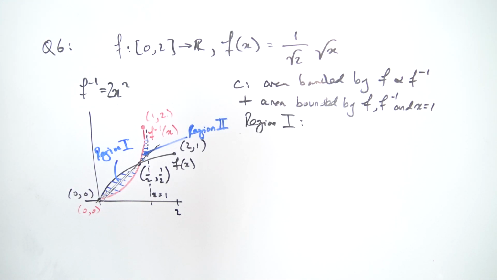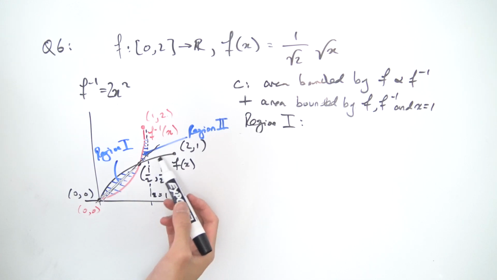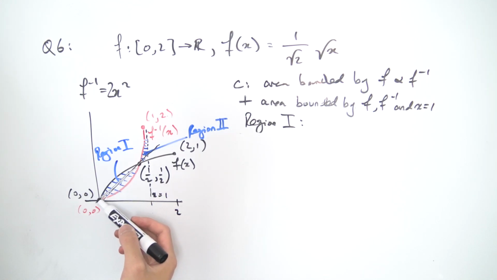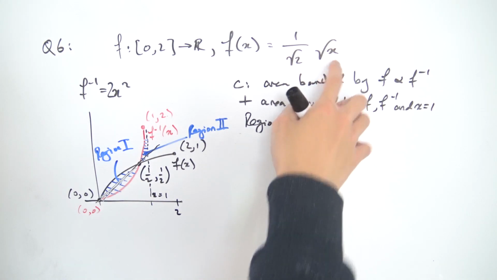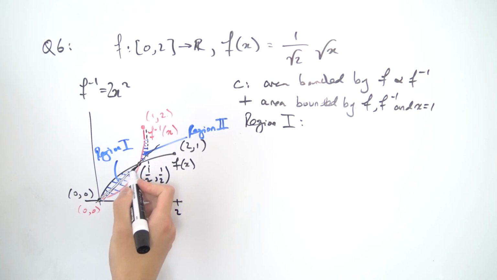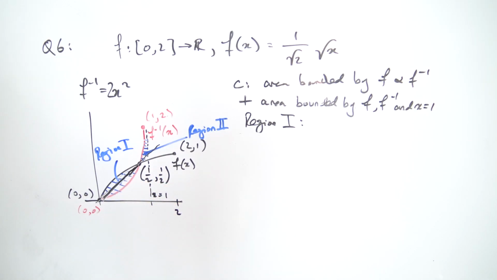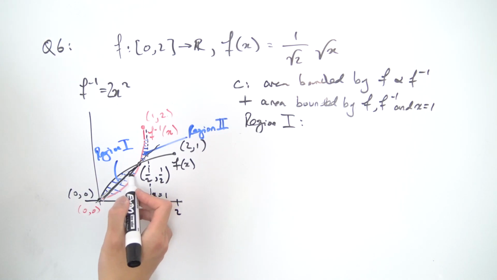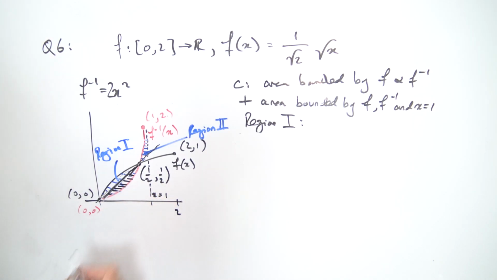So to find region 1, instead of calculating the integral of the top function minus the bottom function, I don't really want to integrate square root of x because you'll make more chances of mistakes doing it that way, in my opinion. So instead of calculating this whole area, I divided it into 2, because notice that these two functions are symmetric across the line y equals x, and I found this bottom area instead.